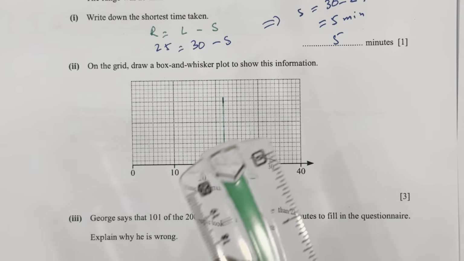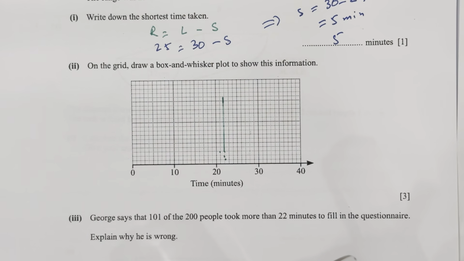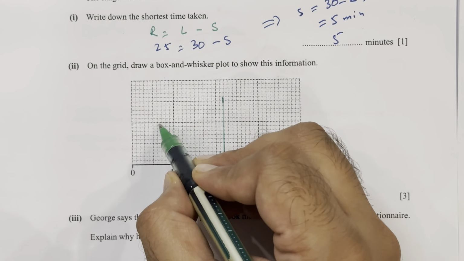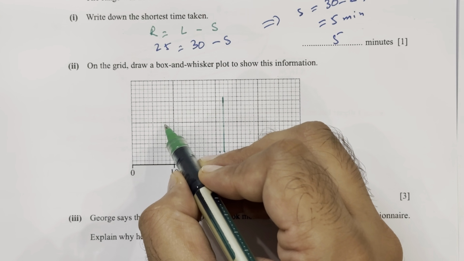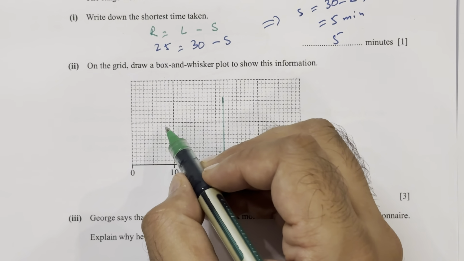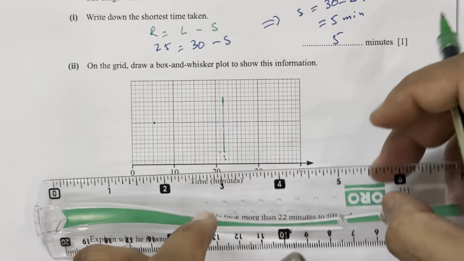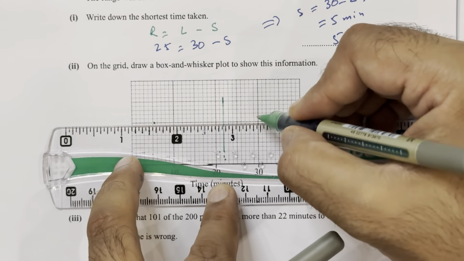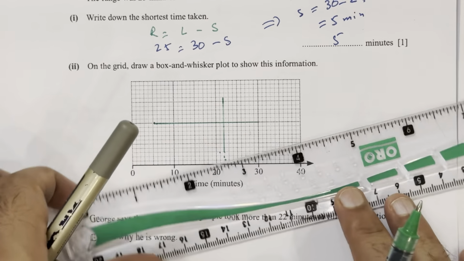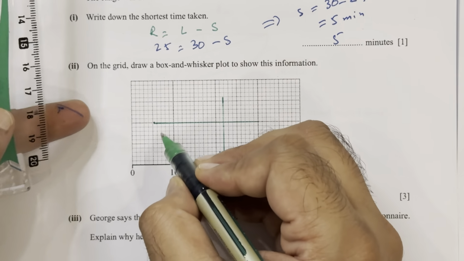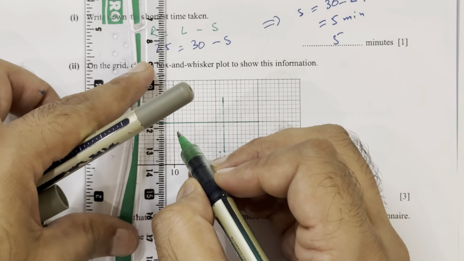Now the lower quartile is equal to 8. So first you can draw a line over here, and the value of 8 is 6, 7 and 8.